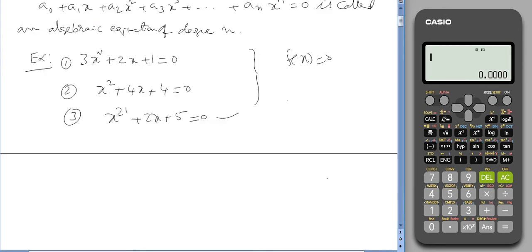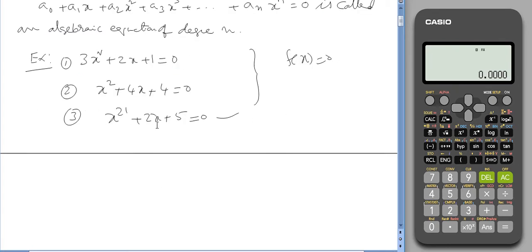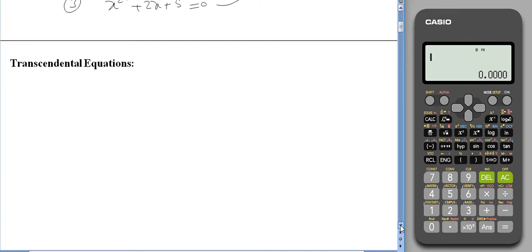Now, coming to the next definition: the transcendental equation. What is meant by a transcendental equation?